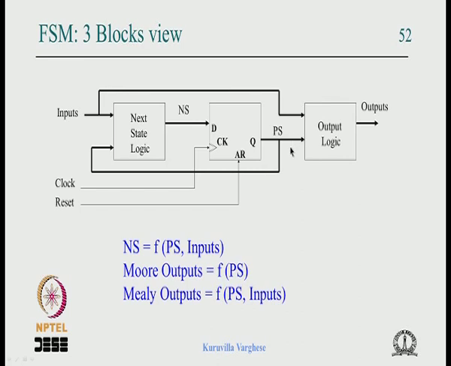Many times textbooks treat them as two machines, a Mealy machine and a Moore machine, but as I said, these are textbook cases with one input and one output. So it is very easy to categorize like that, but in real life there are a lot of inputs and a lot of outputs.